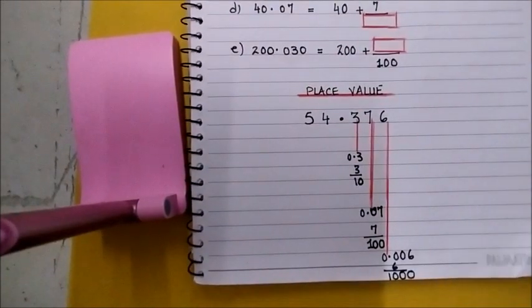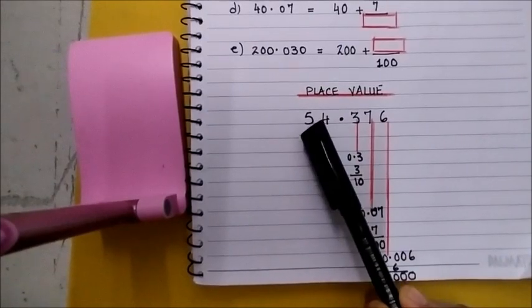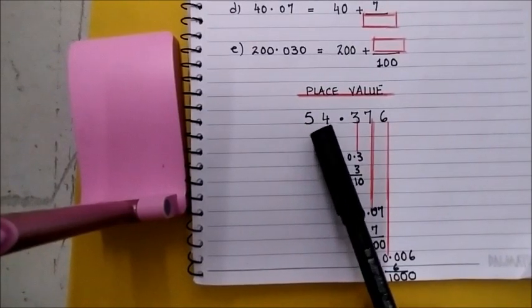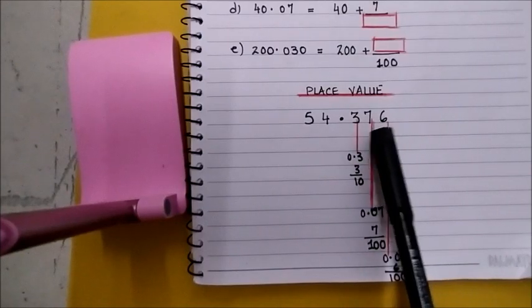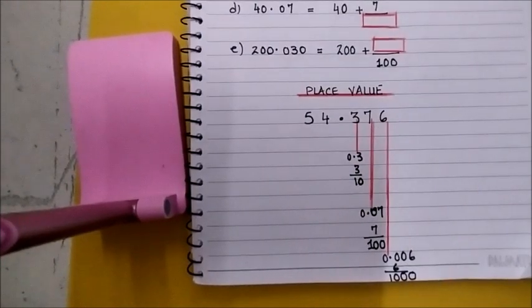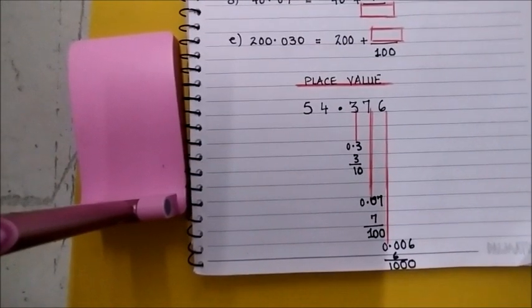Now here I have a number given. My whole number is 54 point, there's a point here, 3, 7 and 6. Now just think of the first figure, and the first figure is your 3.